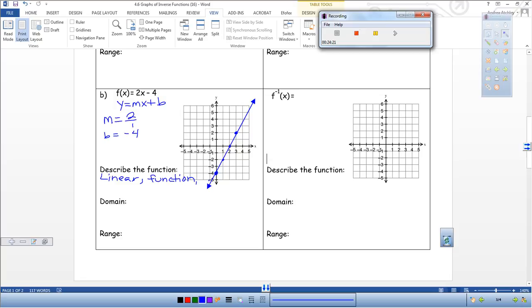Okay, this is increasing. You can also just look at the slope. If the slope is positive, it's increasing. If the slope is negative, it's decreasing. Okay? So you would write this as increasing from negative infinity to positive infinity. Any questions over that?